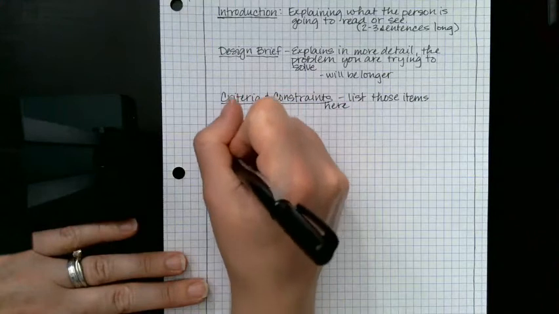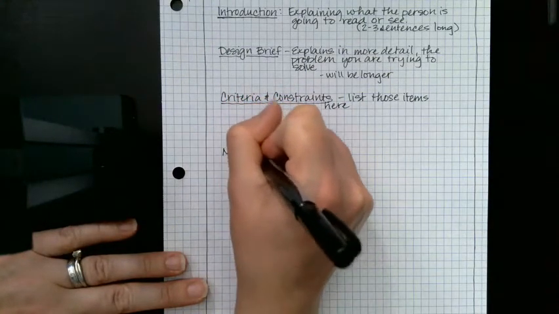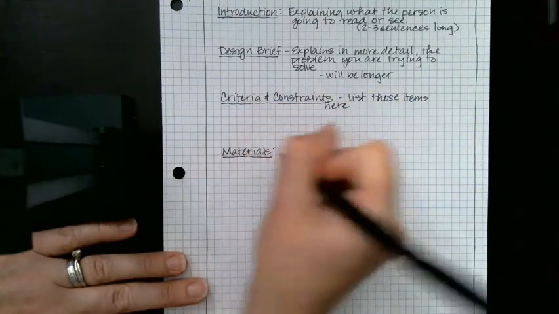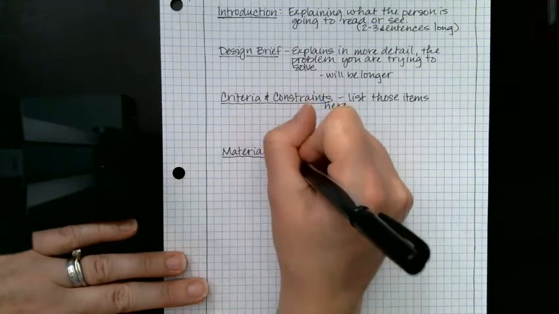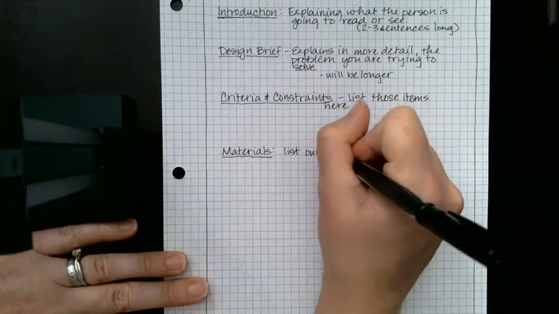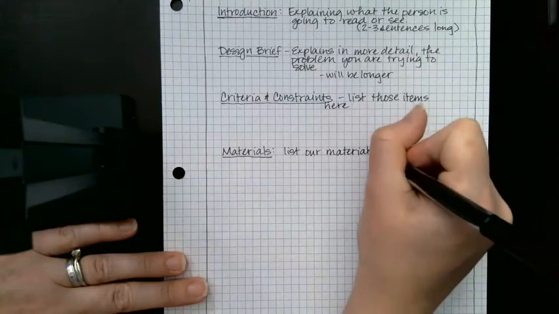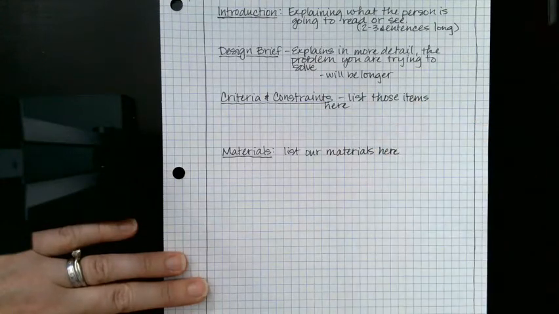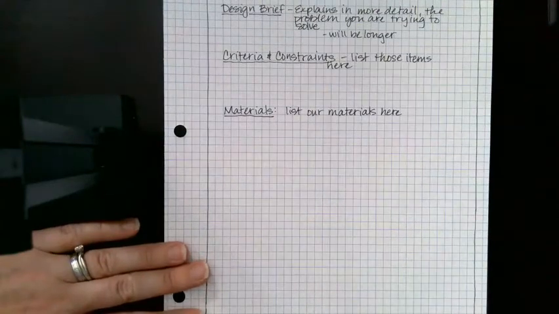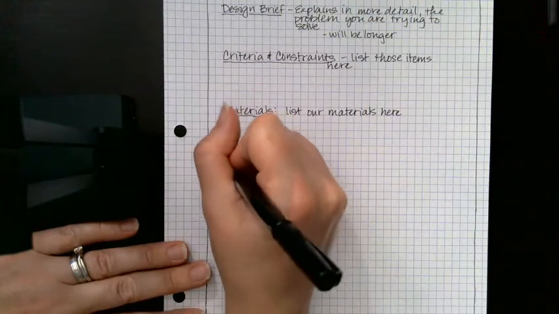Then we have our materials, so we can reference what we have available. And we list our materials here. All right. Then what we'll do is we'll have spaces for our brainstorming.